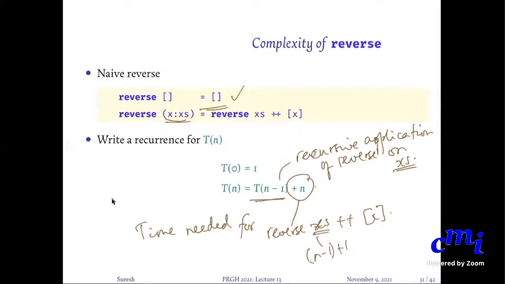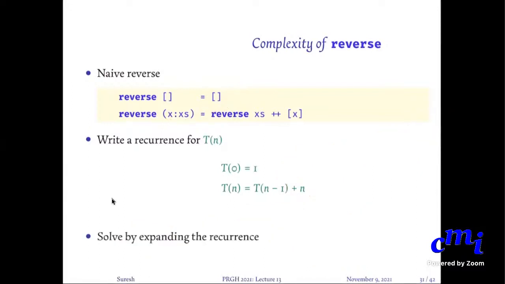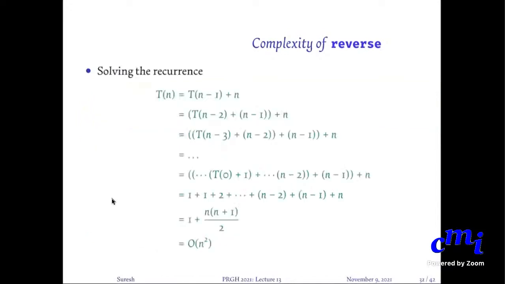So overall your recurrence relation is t of 0 equals 1 and t of n equals t of n minus 1 plus n. When you eventually do the algorithms course, you will see how to in general work out the solution of such problems. But in our first programming course, we will just figure out the solution by expanding the recurrence and identifying patterns. t of n is t of n minus 1 plus n.